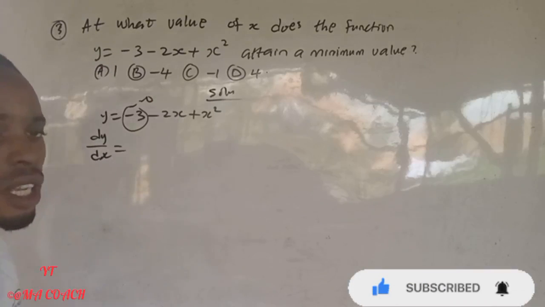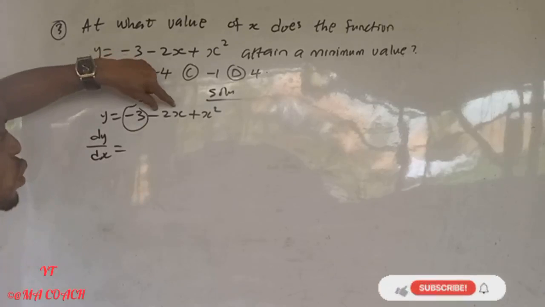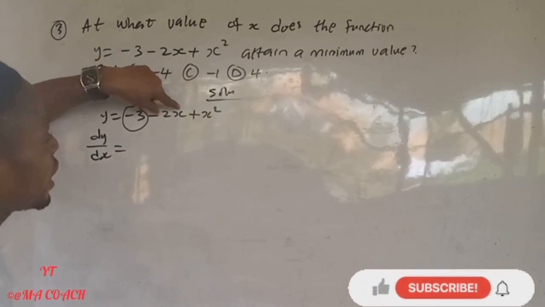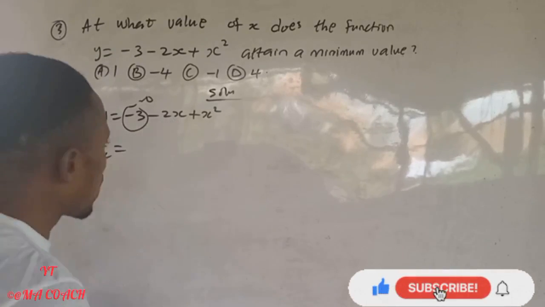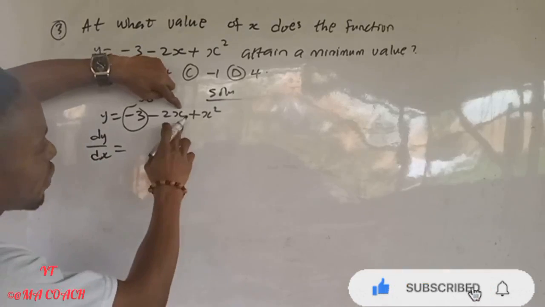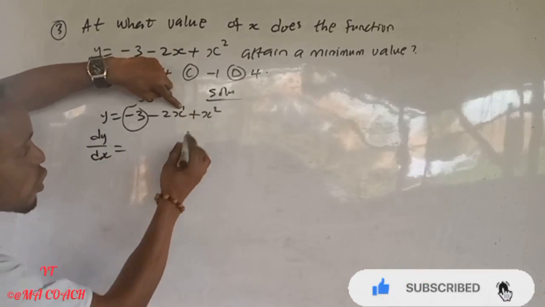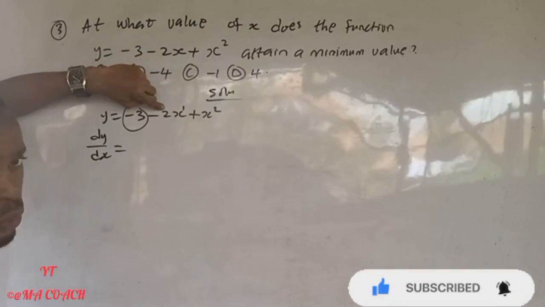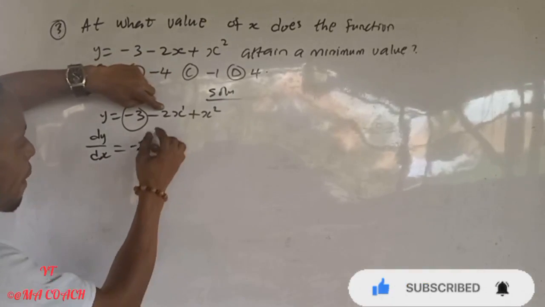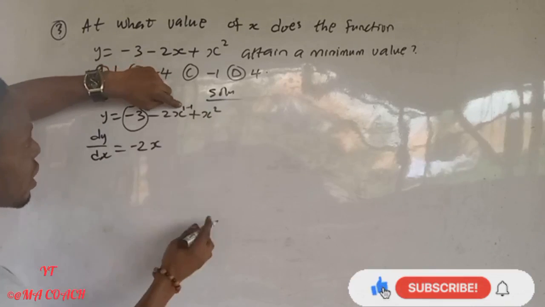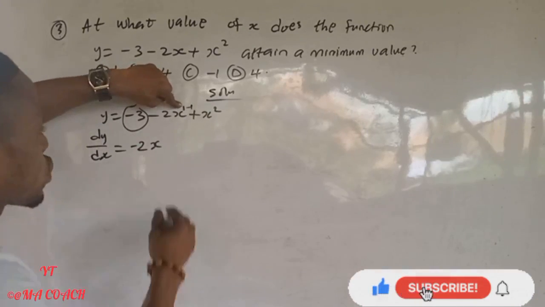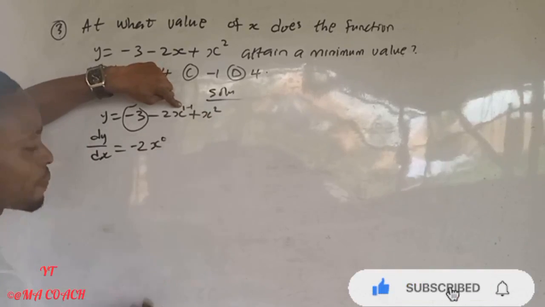Here we have minus 2s. The power of s here, the index of s here, is 1. So 1 times minus 2 is minus 2, multiplied by s to the power 1 minus 1, according to the general formula. So that is 1 minus 1, we have 0.